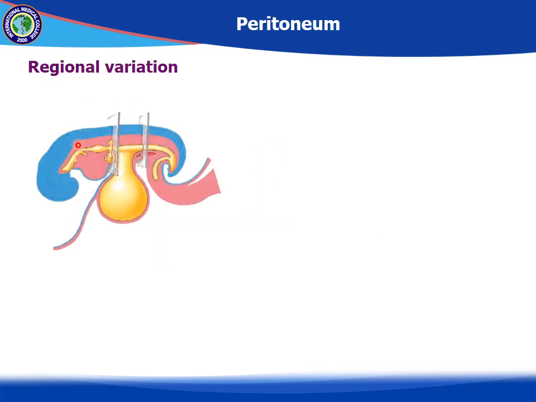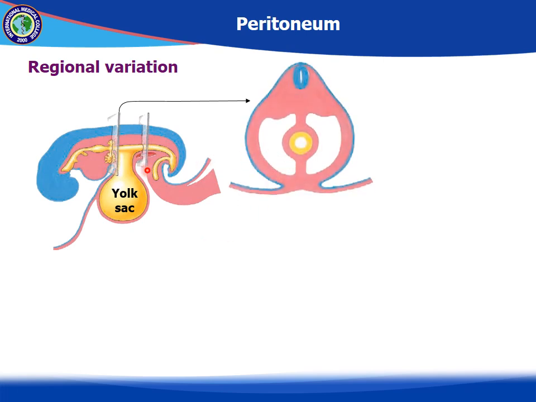This is the developing embryo, and the yolk sac is connected through the umbilicus with the gut. You can see at this level we get a section that looks like this. This is actually the developing liver bud.